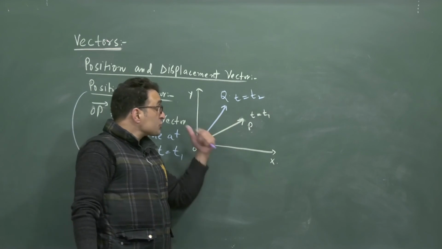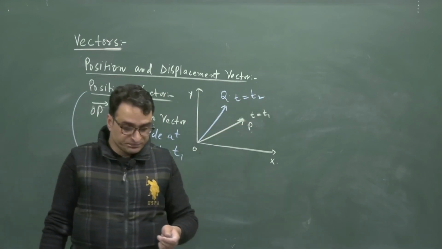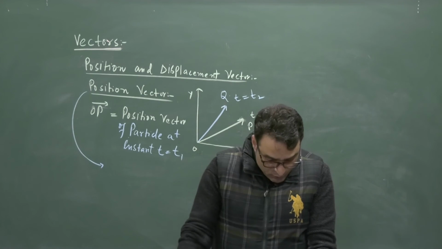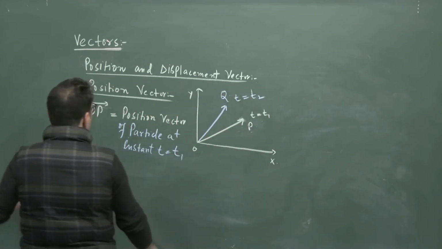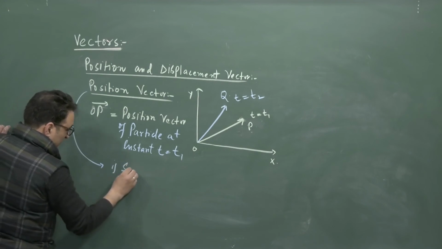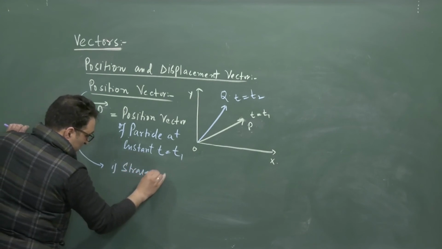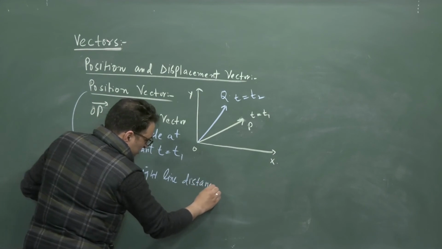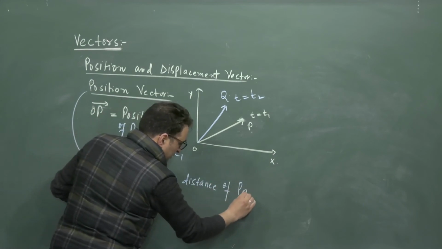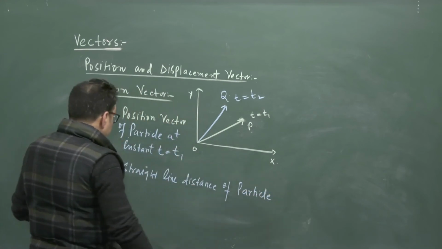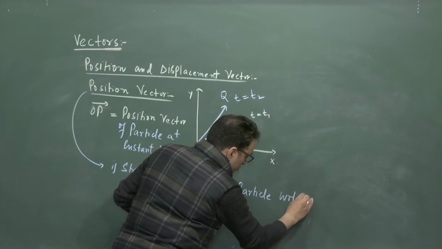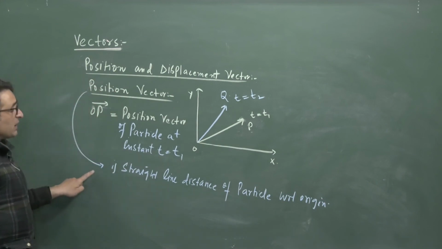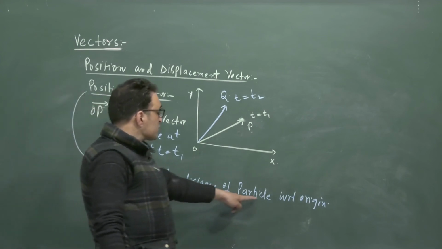Similarly, OQ gives the position of the particle at t equals t2 with respect to O. Number one, it gives the straight line distance of the particle with respect to the origin.